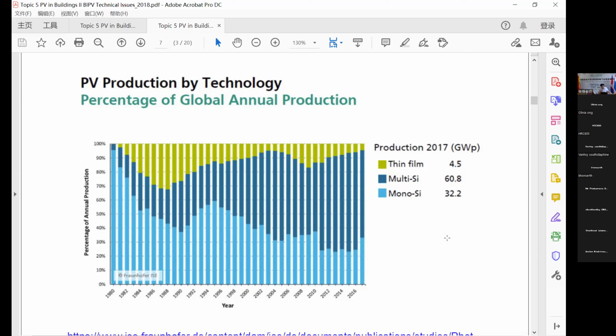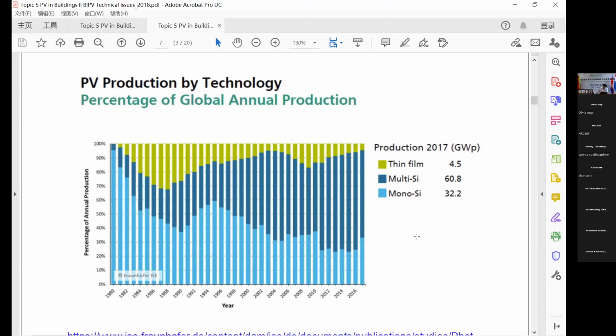If we consider the economic inflation, the actual cost of the silicon-based solar cell will be even cheaper than at the beginning of the 1980s. So there are two reasons, cost and power conversion efficiency.